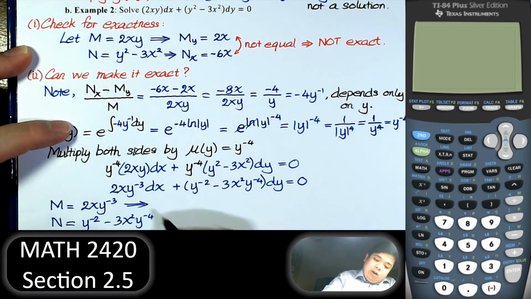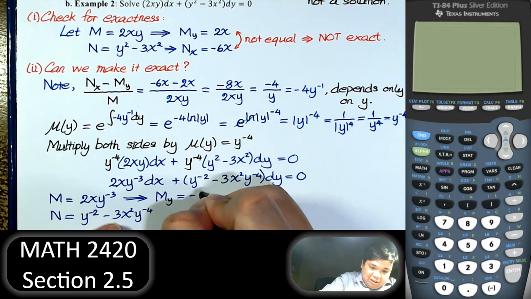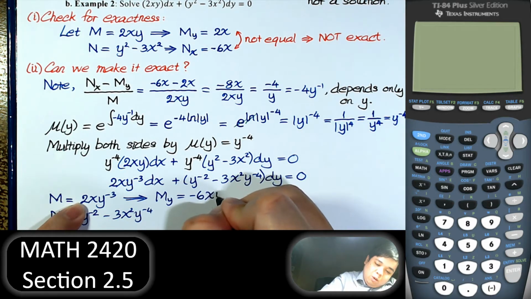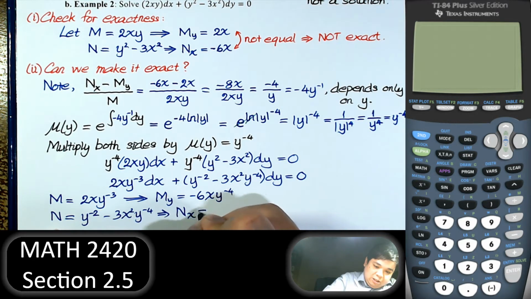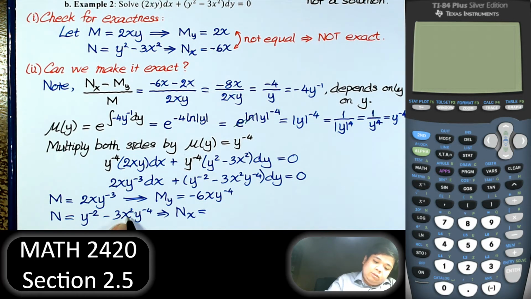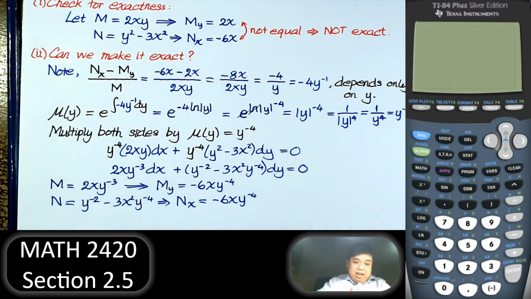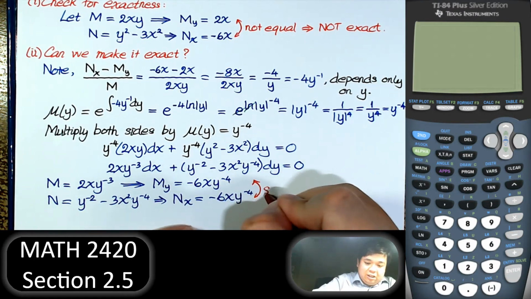Take the derivative of M with respect to y, which gives us -6x y to the -4, and the derivative of N with respect to x gives us -6x y to the -4, and they are the same. So this new equation is exact.